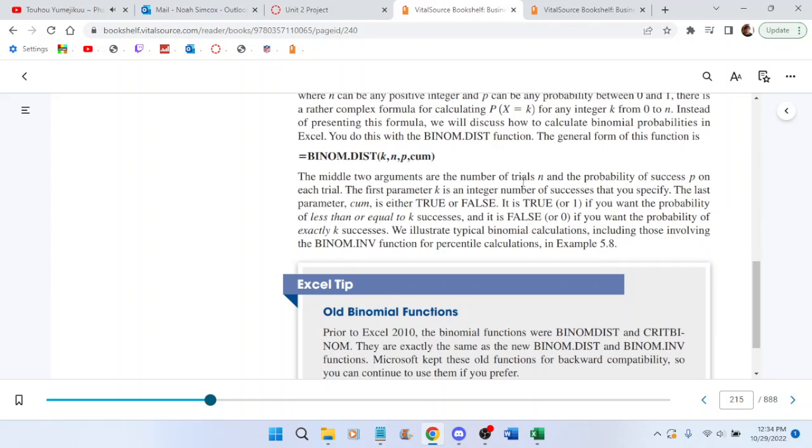Number of trials, probability of success on each trial, the number of successes that you specify.